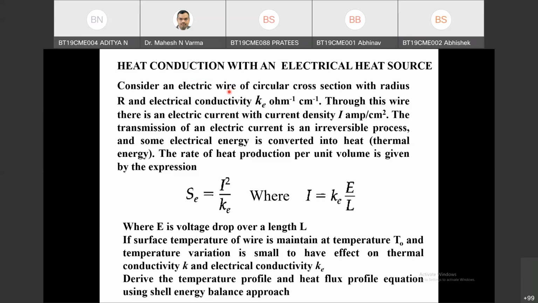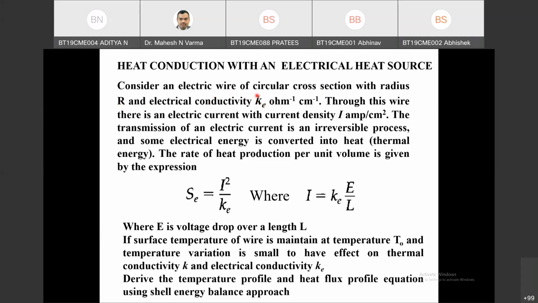But consider a heavy load, with a broad electrical wire with only one copper wire inside. At home it is insulated with a polymer coating, and inside that is the copper wire we are talking about, which is not insulated. The radius of that wire is R and the electrical conductivity is Ke.